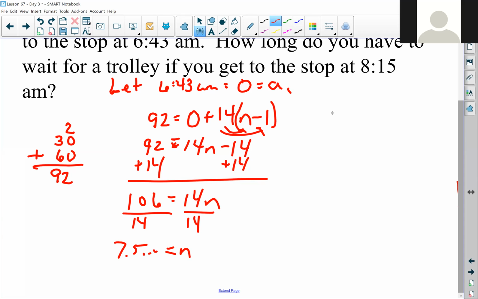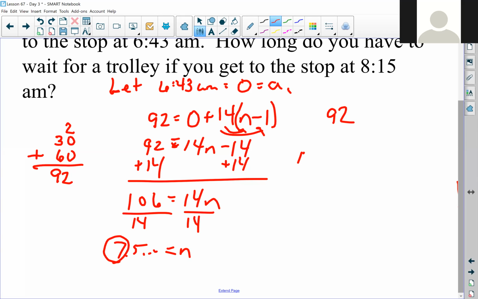How will this help me? Well, I know it's 92 minutes from the time it stopped first till I get to the trolley stop. I'm going to take the whole number value here and plug into my formula.